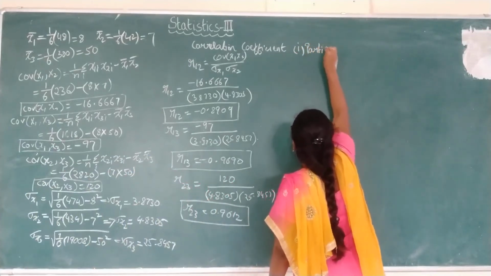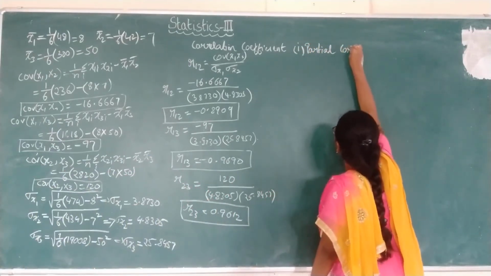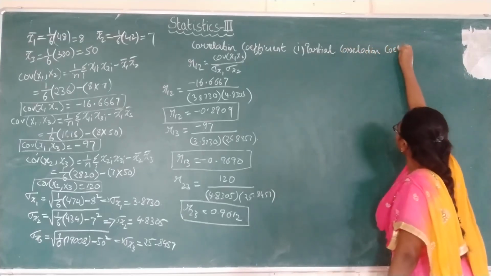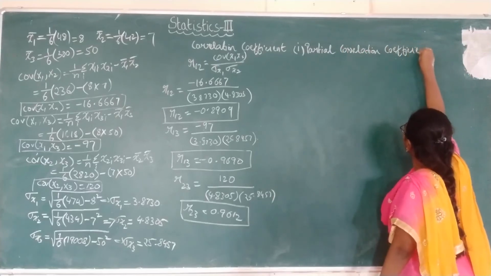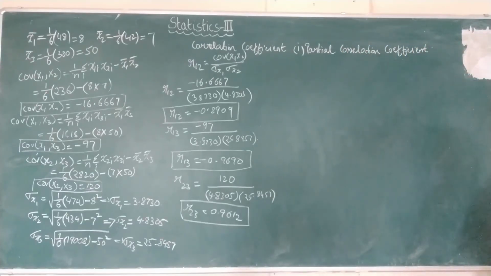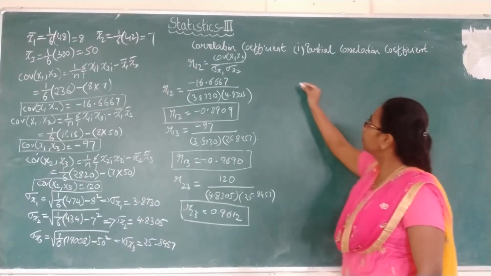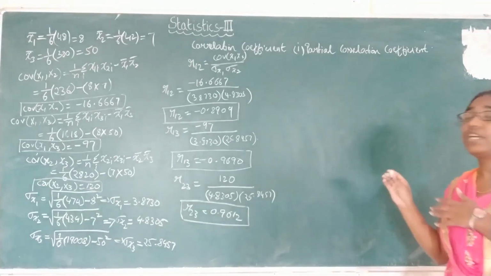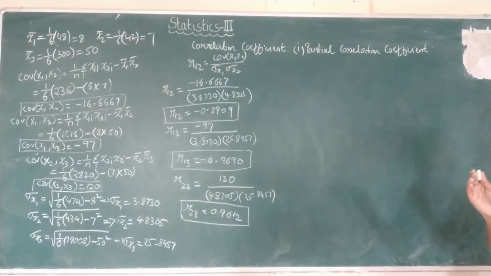A partial correlation coefficient is always denoted with a small r, don't forget. And if it is a multiple correlation coefficient, then it is denoted with a capital R.